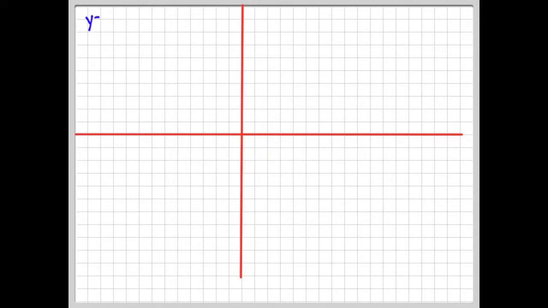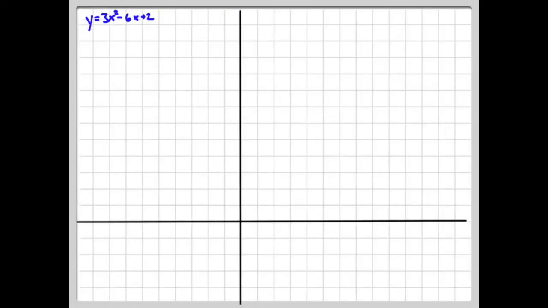y equals 3x squared minus 6x plus 2. Let's change our graph here a little bit. Let's use this one. So the first thing we need to figure out is what our axis of symmetry is. So remember, x equals what? What's our equation for our axis of symmetry?